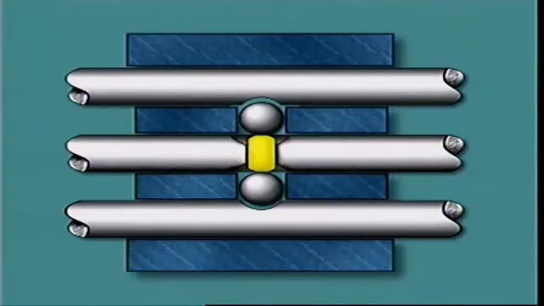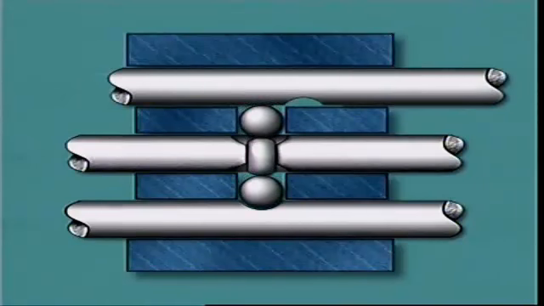A small plunger is captive in a hole drilled in the center rail. In the neutral position, the balls and plunger can move laterally. But when an outside rail is moved, the ball is pushed sideways to contact the plunger and move the opposite ball into the groove of the other outside rail.